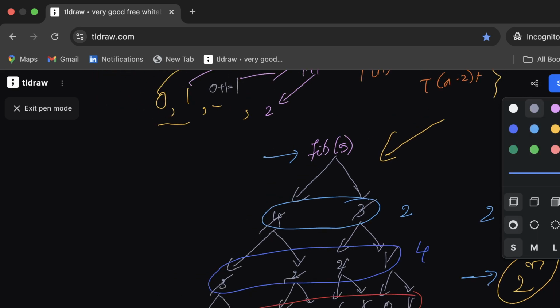We can see the growth is two-way, right? For each one I'm going to make two calls. In that case it was very obvious.